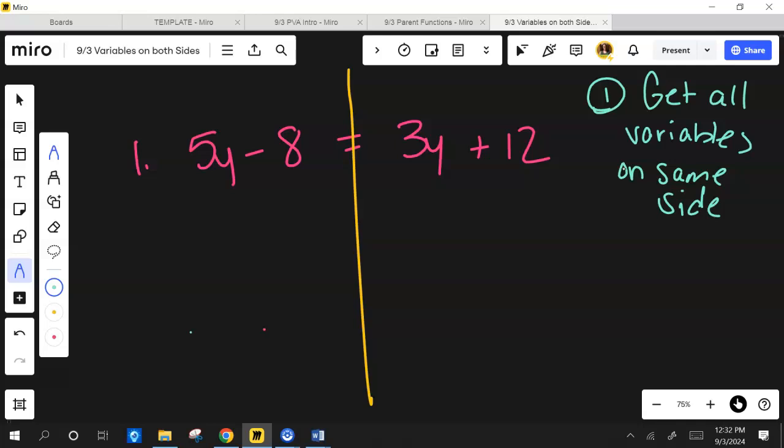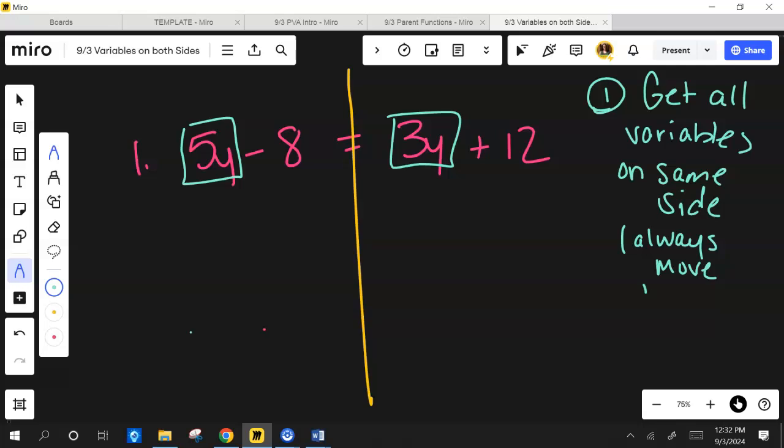Which one do you think is the easiest to move? Because there's 2, this one and this one. It's the smallest. Always move the smallest. It's going to make your life easier.